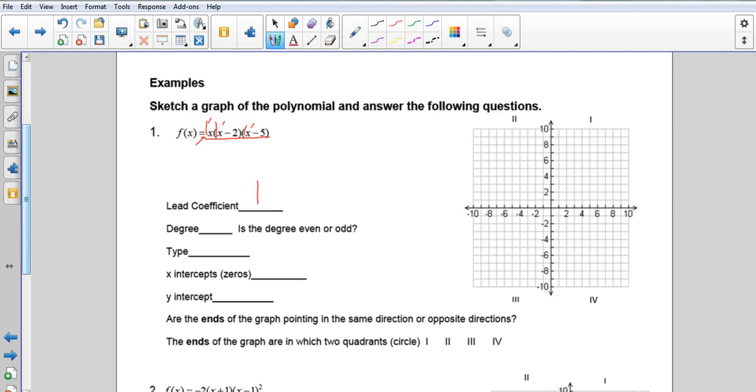Now the degree is going to be 3. X times x times x is going to give us cubed. The degree is an odd number. 3 is odd. It is cubic. We've already said that. The x-intercepts: just set each of these equal to 0. So right here, x is 0. Right here, x is positive 2. And right here, x is 5.